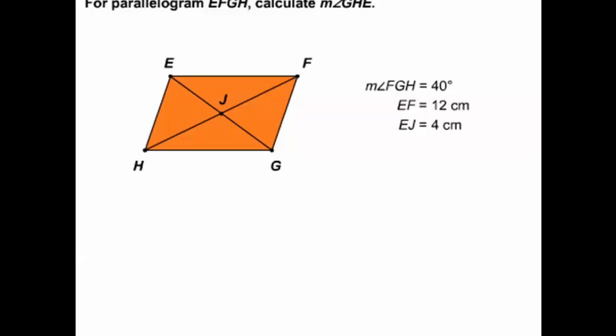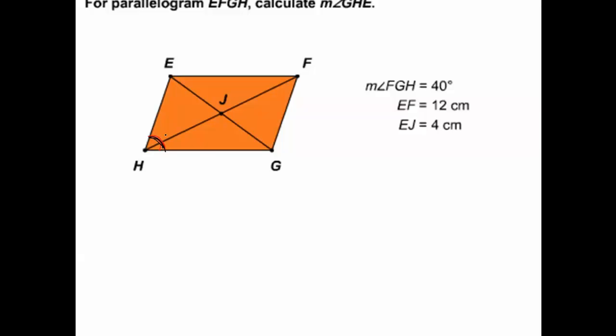Okay, this says for parallelogram EFGH, calculate the measure of angle GHE. So let me find out where that's at. Oh, that's this one right here. I'm going to change my pen color right quick. Okay, let me come back over here.